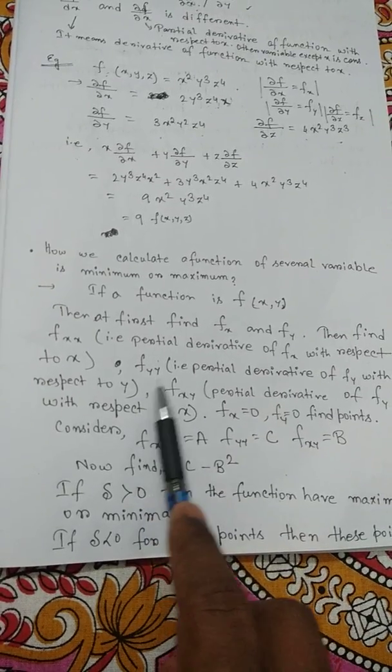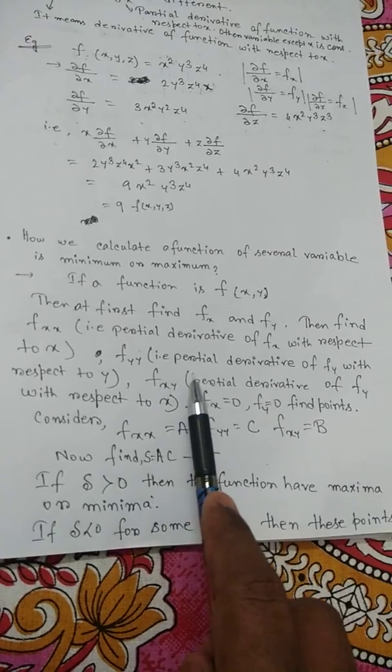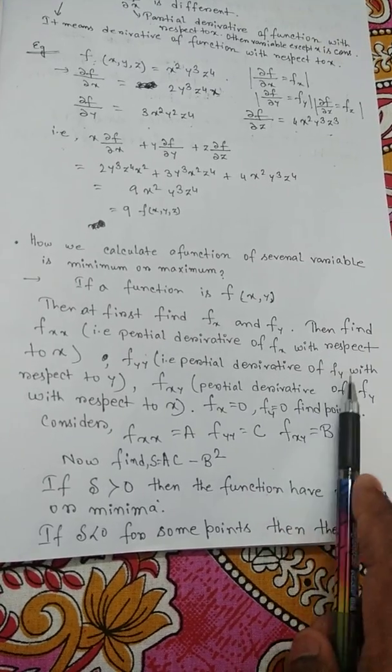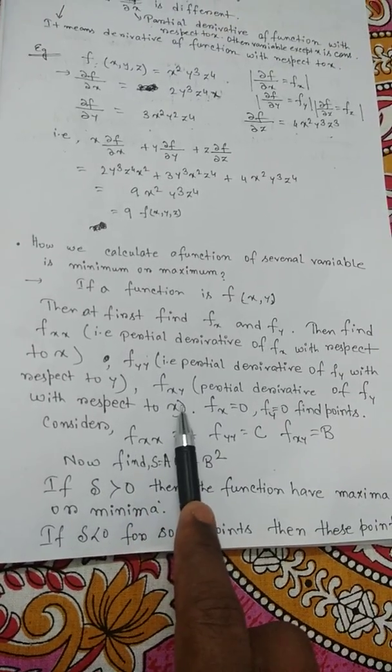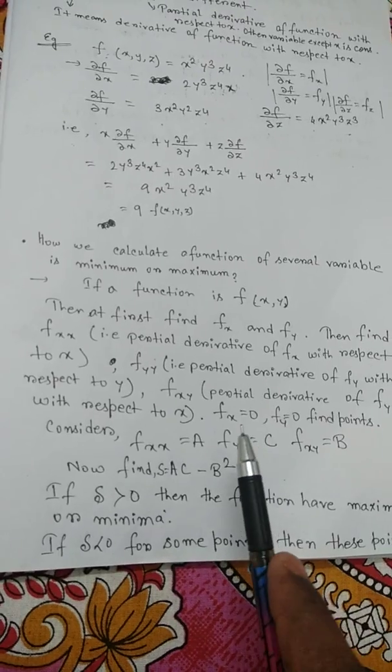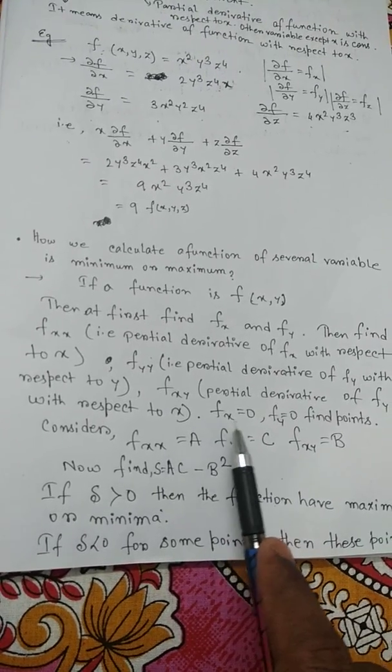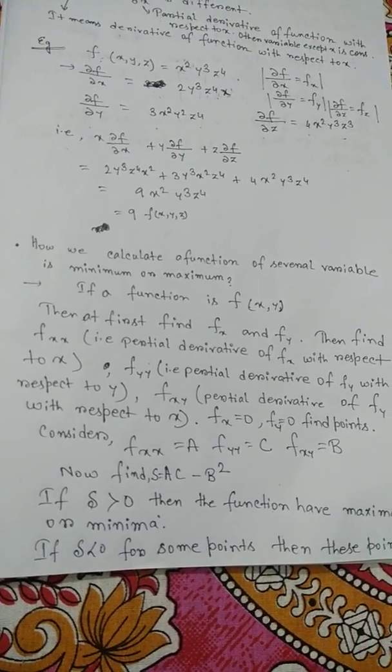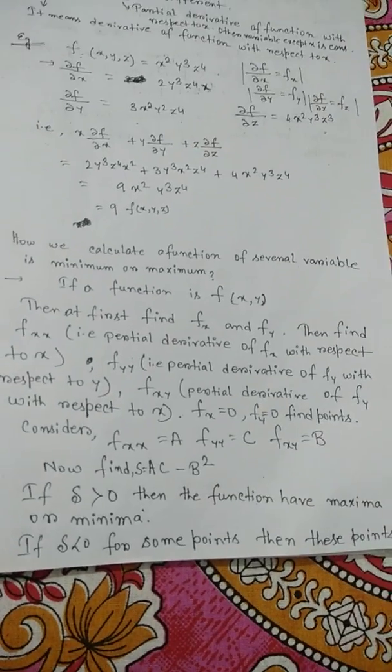Okay, and fxy, that means the partial derivative of fy with respect to x. Then set fx equal to 0 and fy equal to 0. Then find the points.